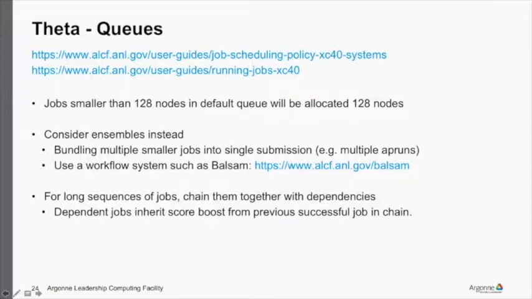I've already repeated myself a couple of times on the 128 nodes, but if there are any questions about that, please do ask. If the individual calculation that you want to run does not require more than 128 nodes, one thing to consider is whether you have a large collection of those types of calculations. If so, there are a handful of paths forward to bundle those independent calculations together into a single job submission that you can then scale up to 128 nodes, or ideally to some larger node count.